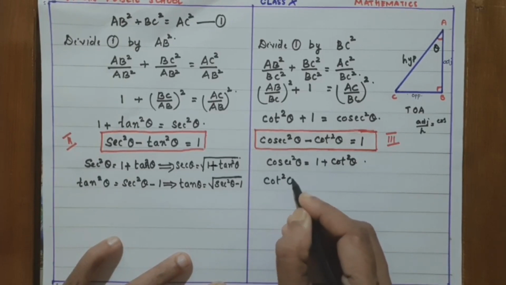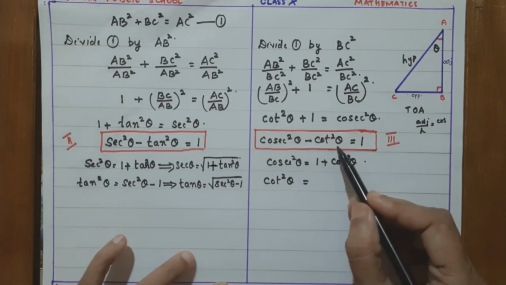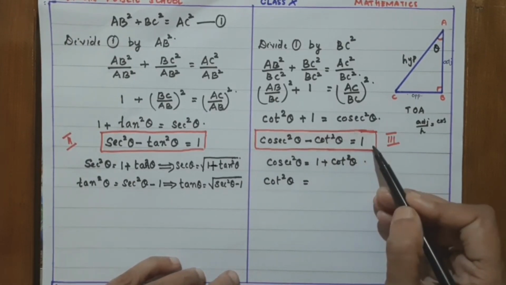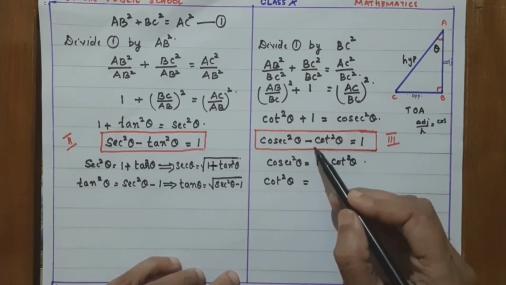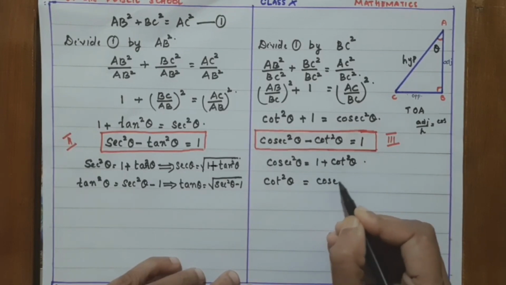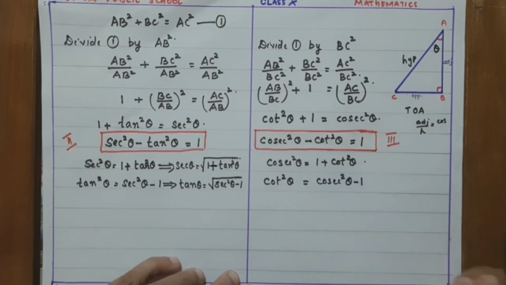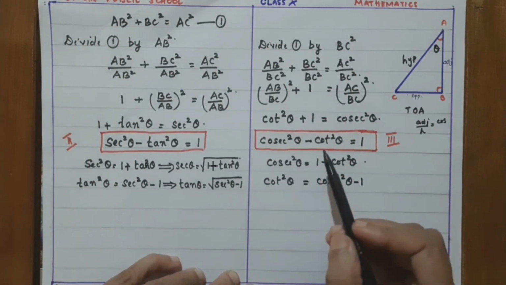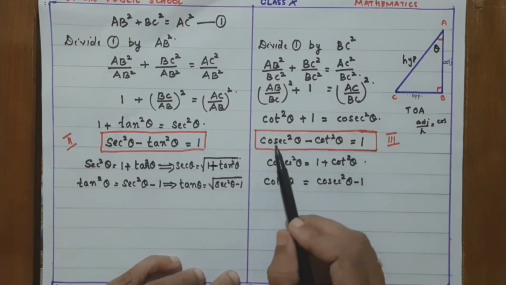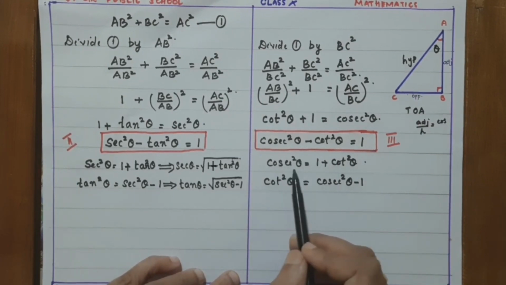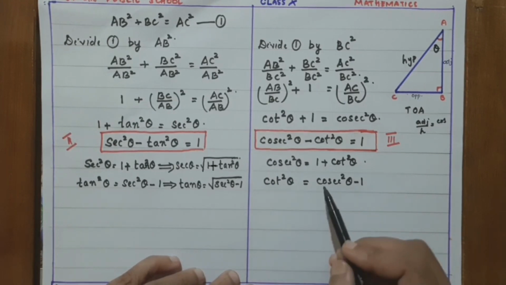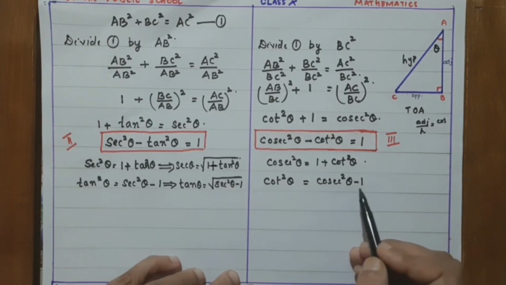Here it is minus cot square theta. When we take it across, it will come as plus cot square theta, and 1 will come to this side. So cot square theta is equal to cosec square theta minus 1. From this identity, we have cosec square theta equal to 1 plus cot square theta, and cot square theta equal to cosec square theta minus 1.